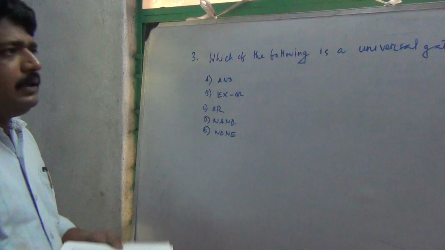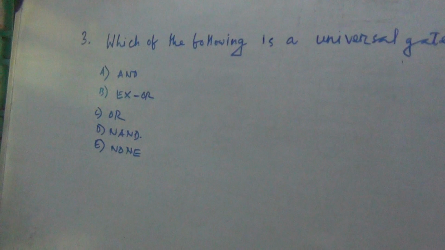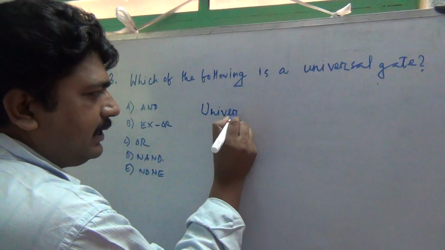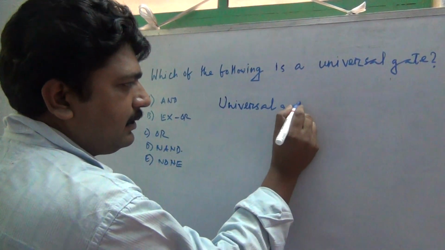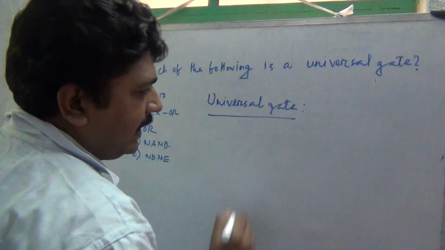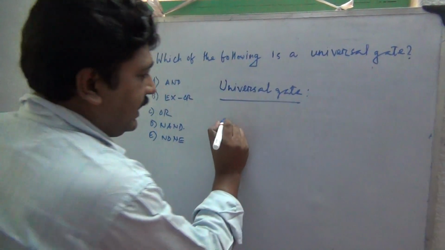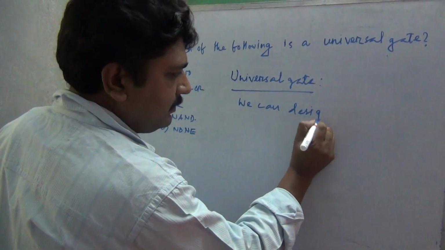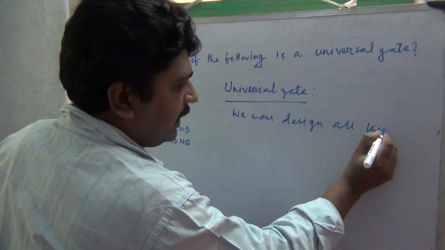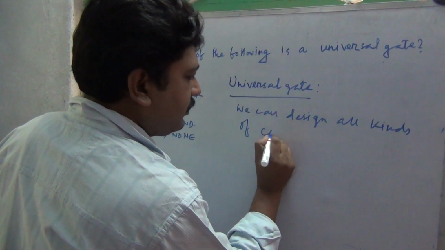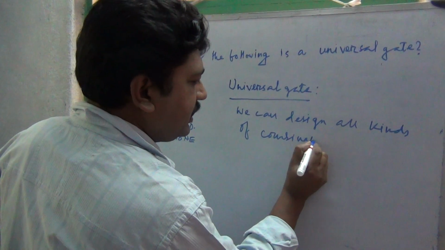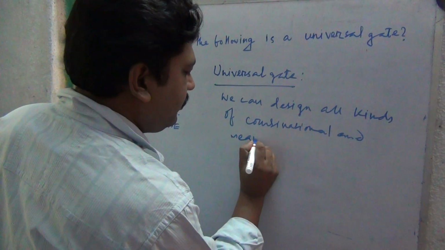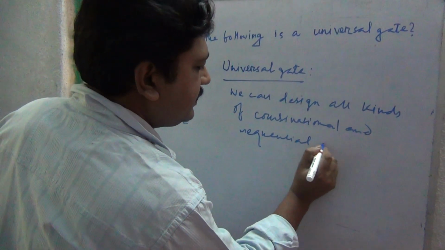Now tell me, what is a universal gate? What is the definition of a universal gate? A universal gate is a type of gate with which we can design all kinds of combinational and sequential circuits.